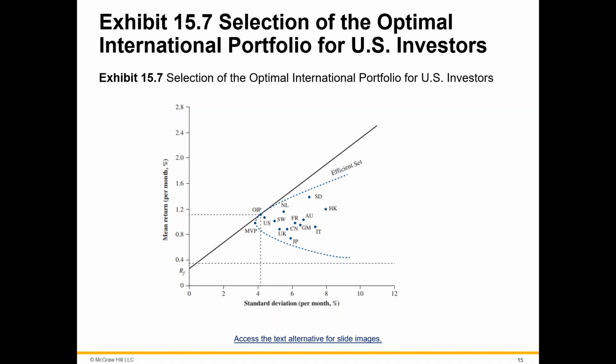If I was here, this would correspond to roughly half invested in the risk-free rate and half invested in the optimal portfolio. And up here, this would be borrowing: if I had a 400,000 investment, I would borrow 200,000 and invest 600,000 in the optimal portfolio. So up here, I'm using loans to increase my returns and risk. Down here, I'm investing in a risk-free asset.